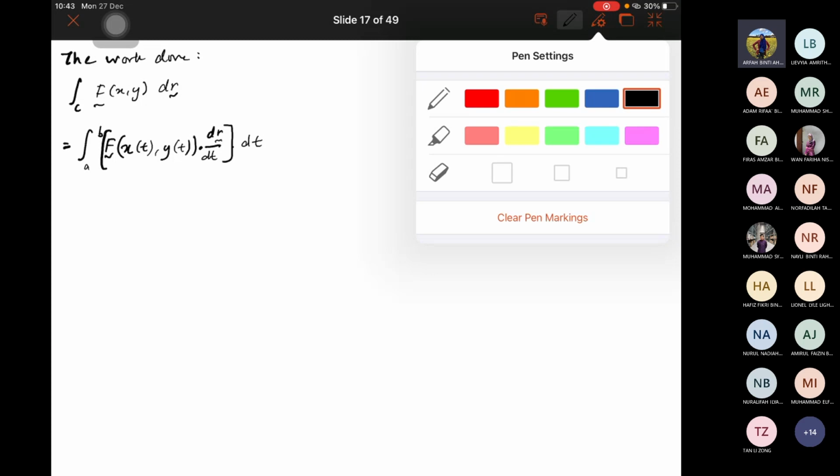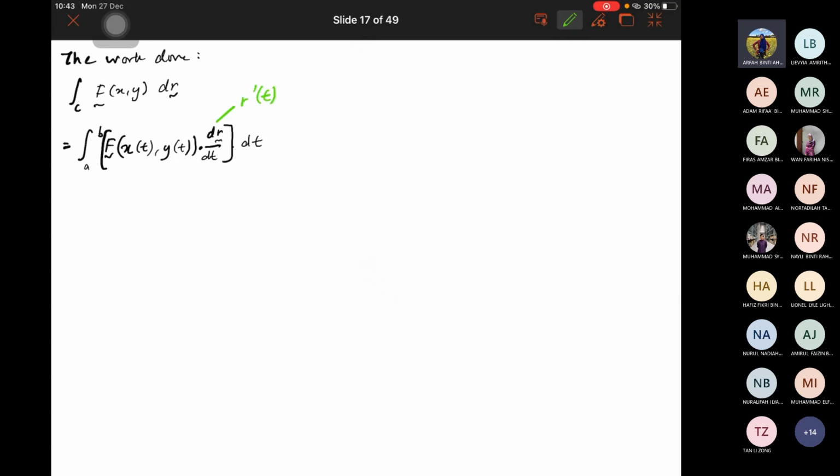Okay, dot product by which this is r prime t.